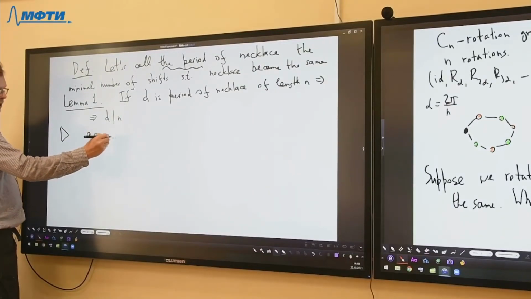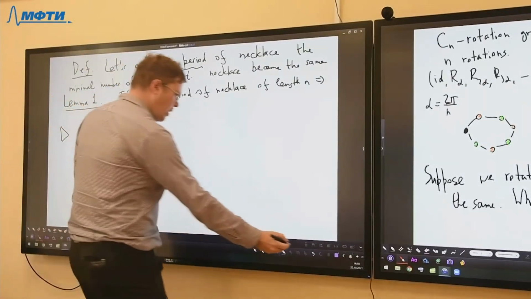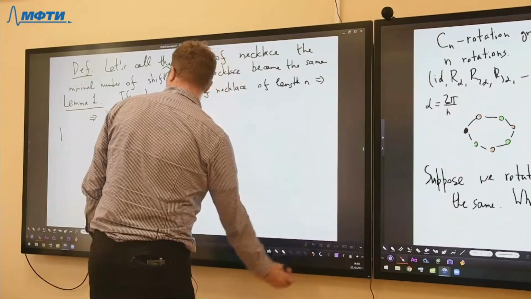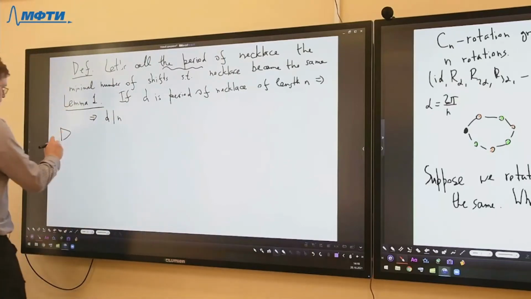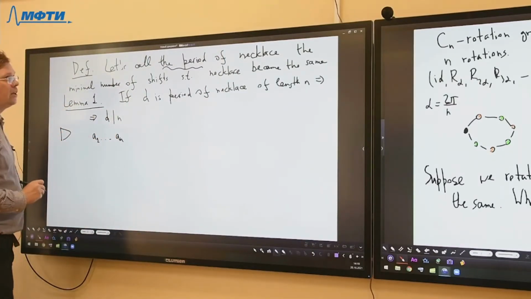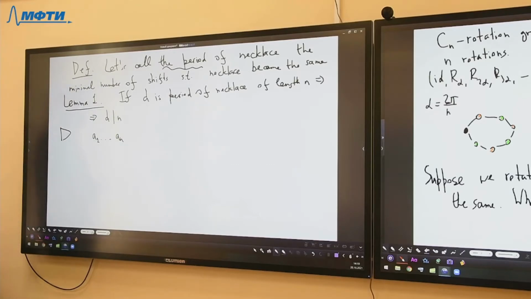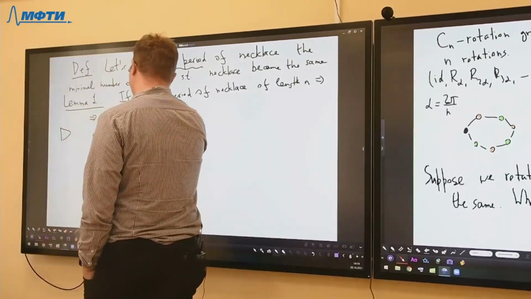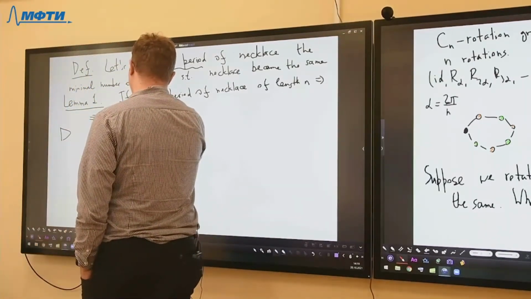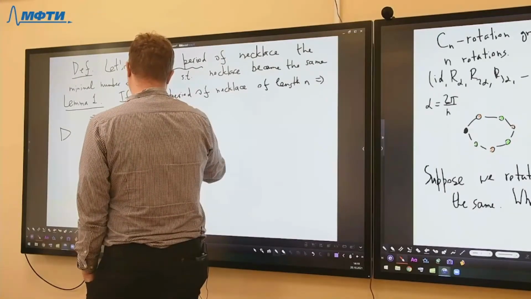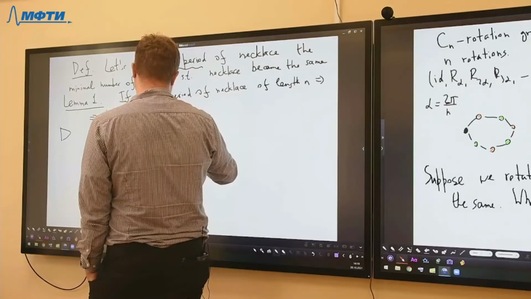So suppose we have, maybe I will start with A1. What does it mean that d is the period of this necklace? It means that if we make a circular shift, one shift gives An, A1, A2, ..., An-1.